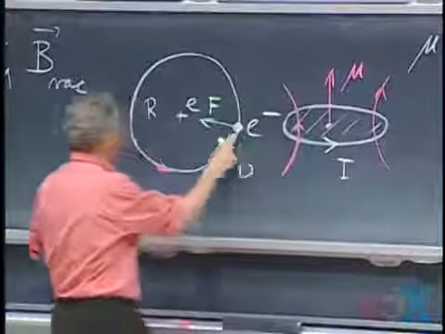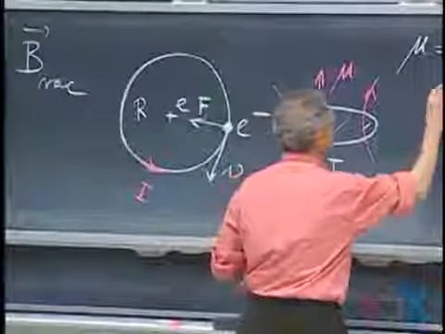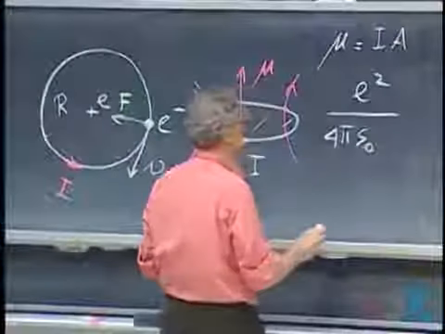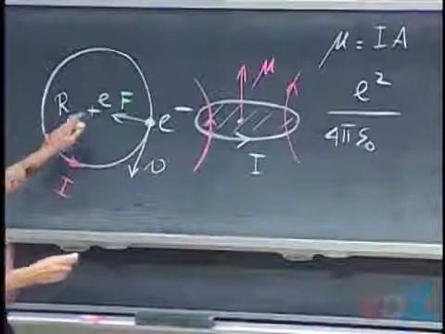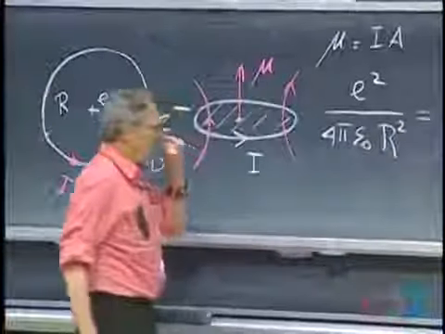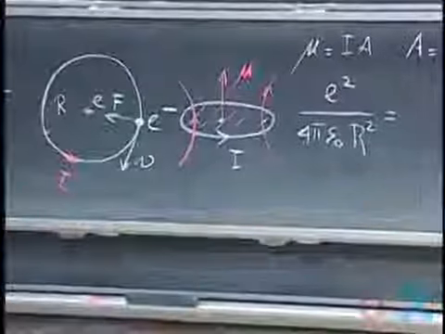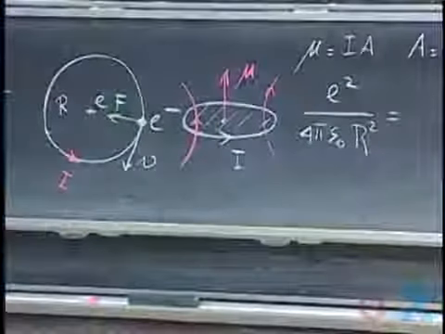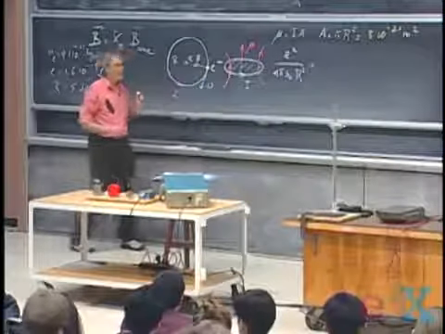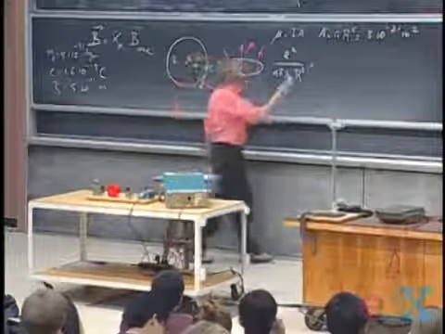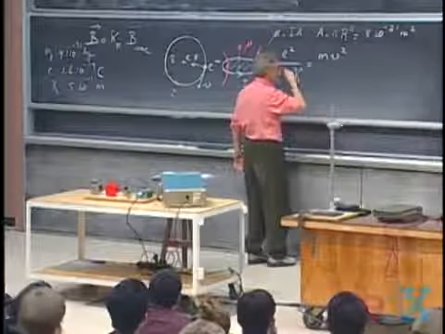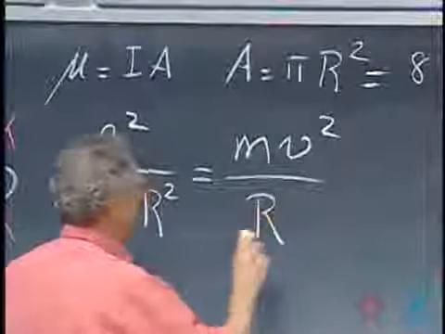That force is this charge times this charge, so that's e squared, divided by our famous 4 pi epsilon 0, and then we have to divide it by the radius squared. So that's Coulomb's law. But from 801, from Newtonian mechanics, we know that this is what we call the centripetal force that holds it in orbit, so to speak, and that is mv squared, m being the mass of the electron, v being the speed of the electron, mv squared divided by r.